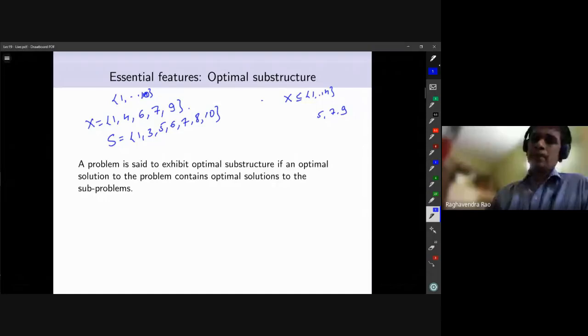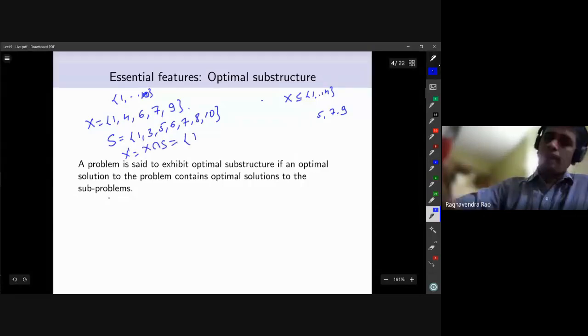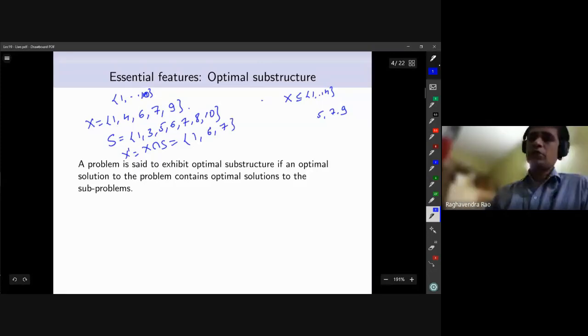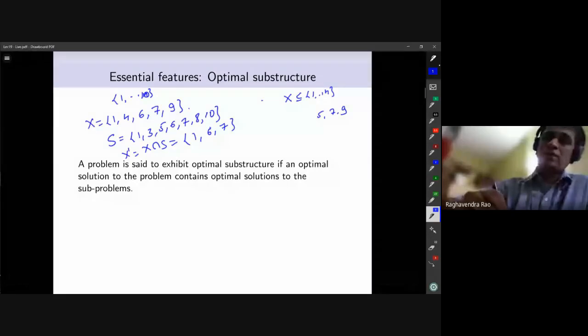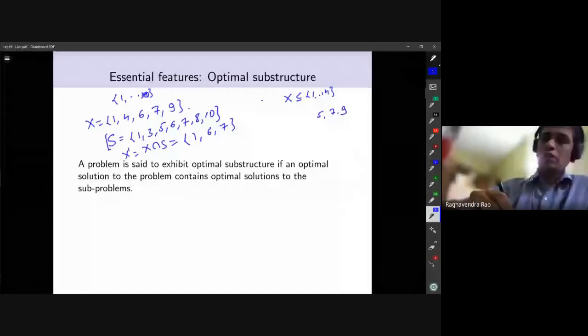Now I consider X prime, which is X intersection S. What is that? 1, 6, 7. The optimal substructure property says this is an optimal solution for S. X prime is an optimal solution. That's all it says. That is, the solution for the original instance contains solutions for all sub-instances of the original instance.